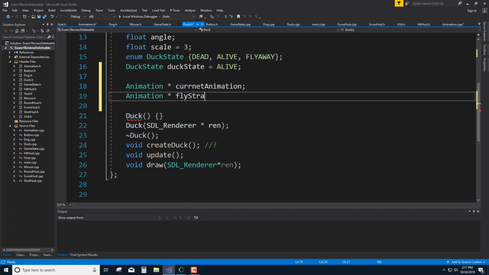We'll call this fly straight, fly angled, and fly away.